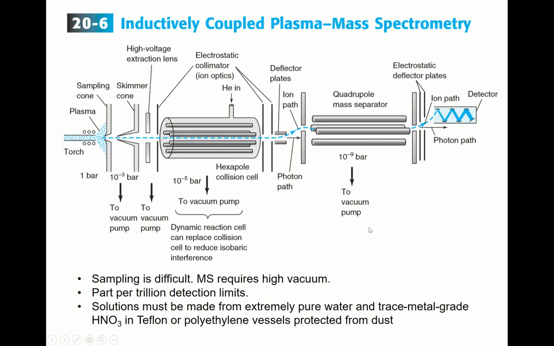All right, this is the last topic, I think. Inductively coupled plasma mass spectrometry. Two different techniques are combined. First, atomization is done by the inductively coupled plasma, and some atoms are now ionized, and then enter the mass spectrometer. You will see the details of mass spectrometry in the next chapter.